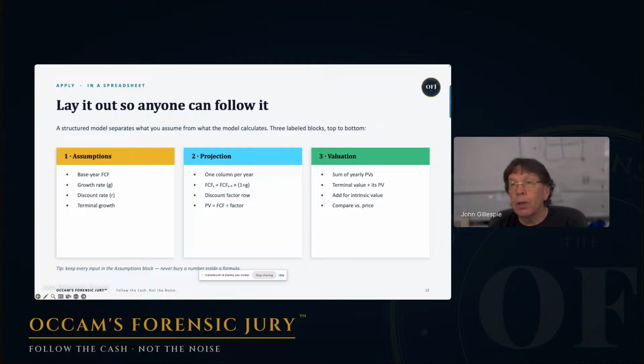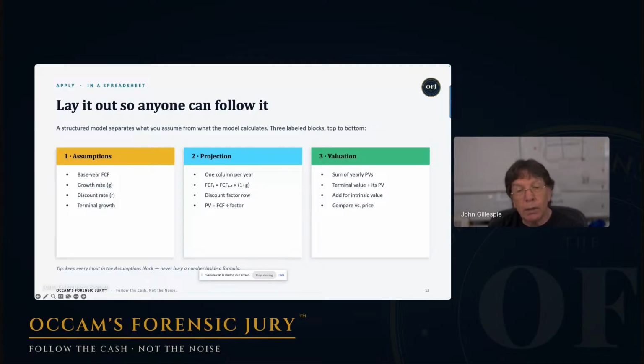So one column per year, the discount factor row, the free cash flow row, and the present value row. And then you finally get to valuation. You have the sum of your yearly present values. You have your terminal value plus its present value. And you add for intrinsic value and then compare it versus the price.